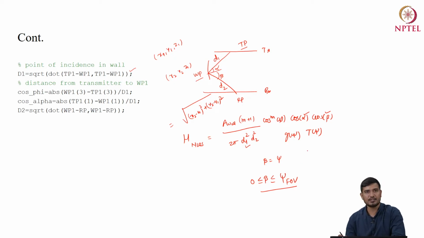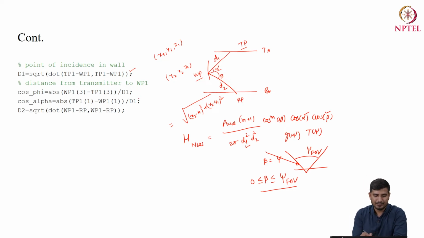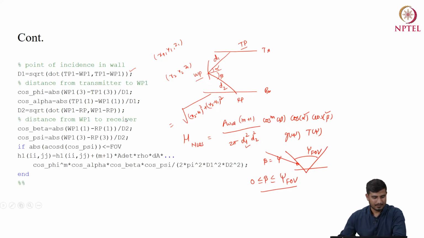If any signal lies outside the field of view of the receiver, it will not be able to convert into any electrical signal. So this is how we have calculated distances d1, d2 and the respective angles alpha and beta.